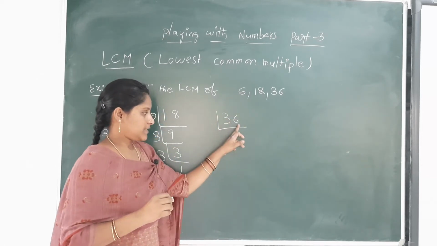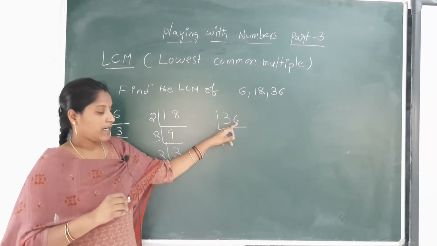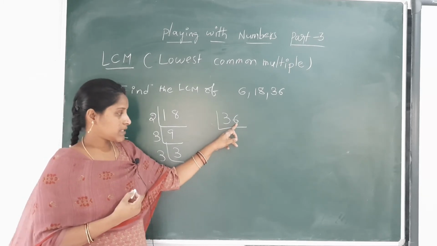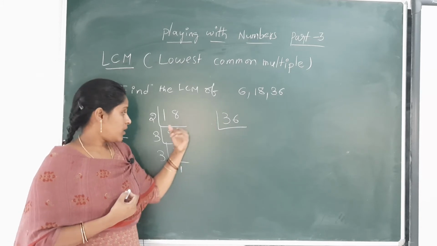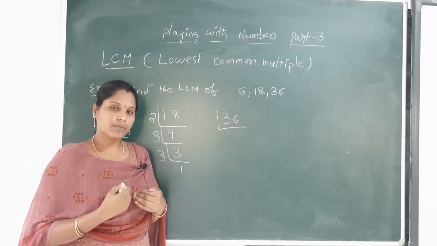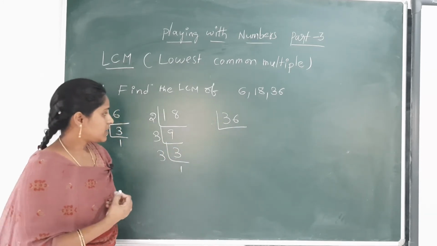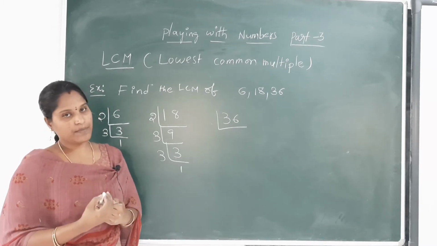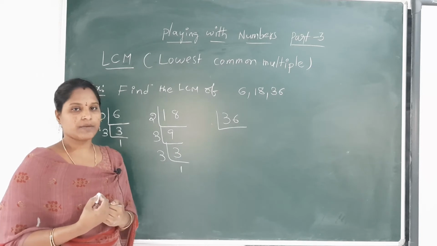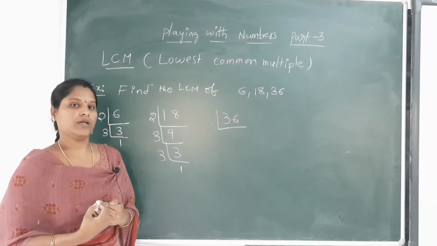Again 36 ends with a 6, so it is an even number, so again it is divisible by 2. Already we discussed divisibility rules in our previous class. In those rules we learned that if a number ends with an even number in the ones place, that number is exactly divisible by 2.